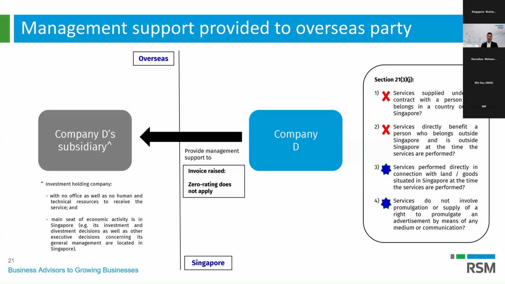Recently we had a client who was audited by IRAS on this scenario, and the client was very puzzled why zero rating did not apply, even though they were billing an overseas entity. Obviously, they had not gone into the details to consider the facts that it's just a shell company, and they had not evaluated against section 21(3), particularly 21(3)(j).